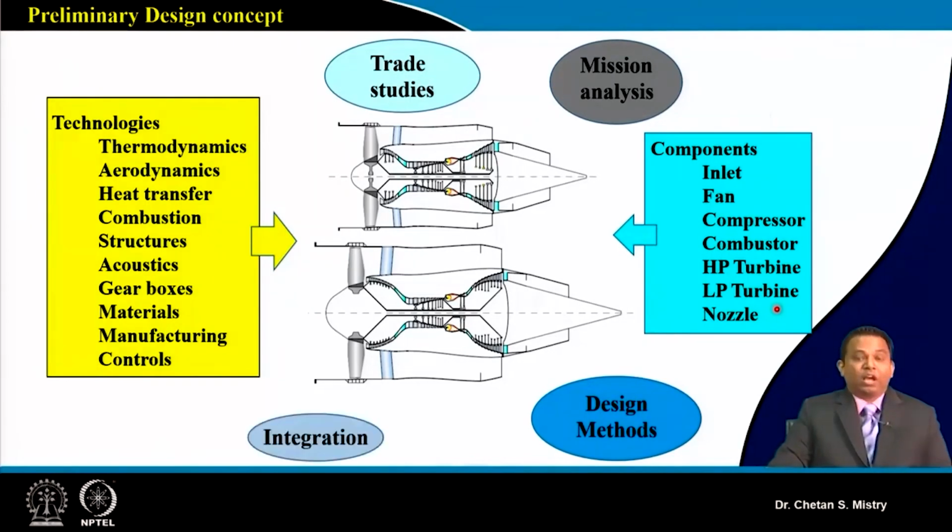That's where the integration part comes into the picture. There are terminologies called matching of these components, say aerodynamic matching, thermodynamic matching, and mechanical matching of these components. And that's how our whole design strategy, or preliminary design, starts.